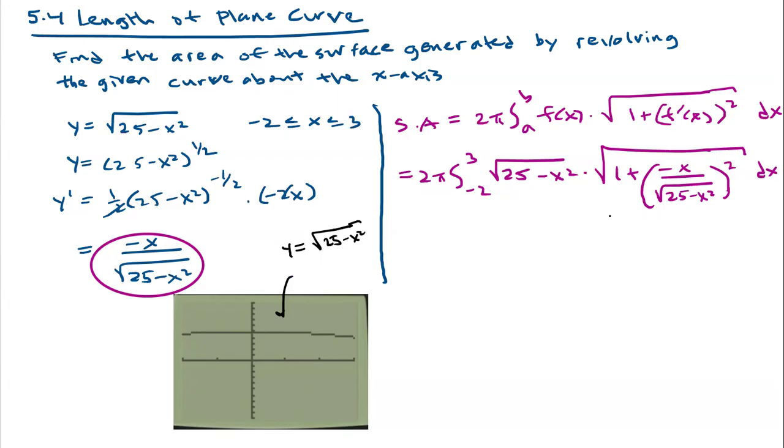What it wants us to do is revolve this around the x-axis, and we get something like this. Our goal is to find the surface area of this particular shape.